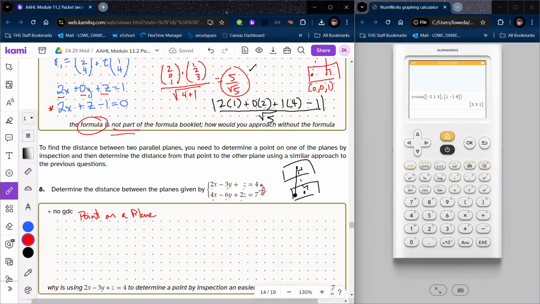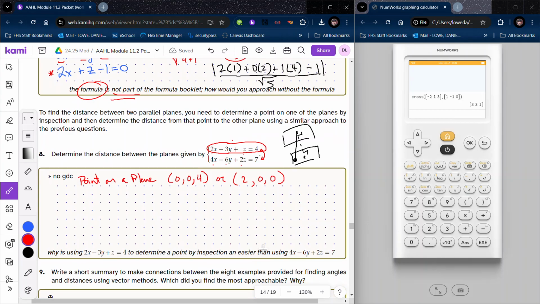Well, let's look at this equation and let's do this by inspection and say, hey, what would be the easiest thing to solve over here? Well, the easiest thing to solve would just be to say, hey, if I had the point 0, 0, 4, that would satisfy the first equation, right? Of course, I could also do it with the point 2, 0, 0. That would satisfy the first equation, okay? Why do I want to use that first plane equation?